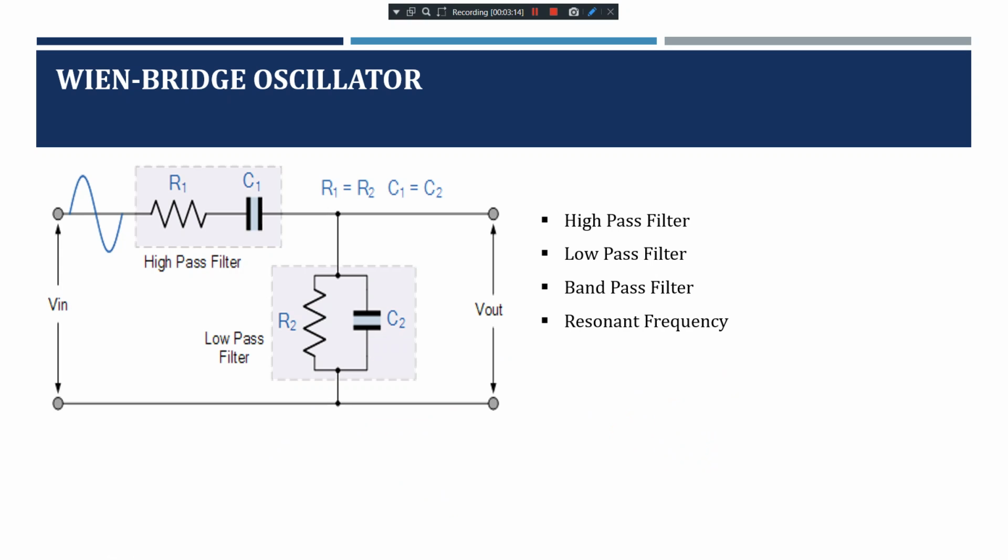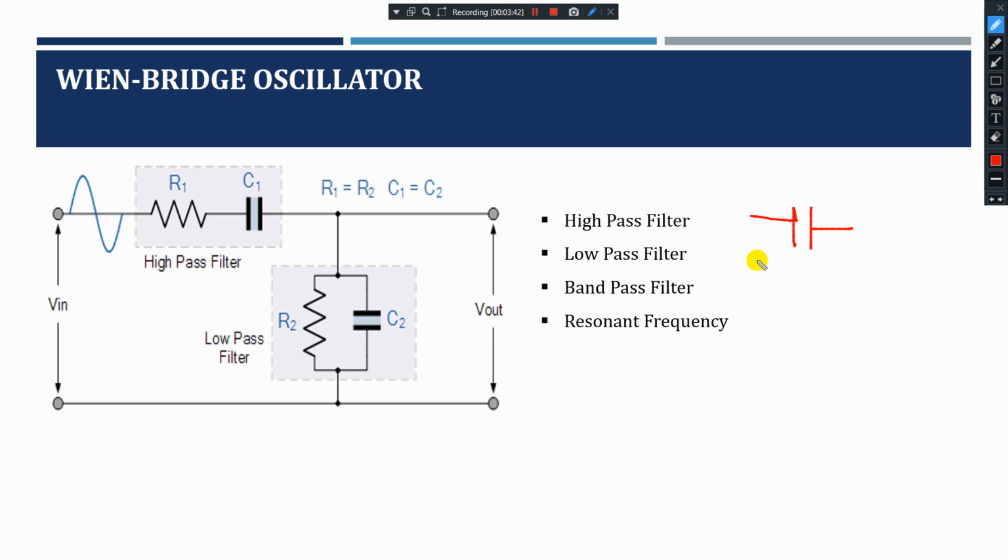So what happens at low frequency and high frequency? See, at low frequencies, the reactance of the series capacitor is very high. So it acts a bit like an open circuit. I am speaking about a series capacitance.